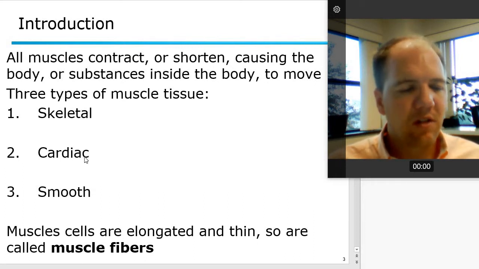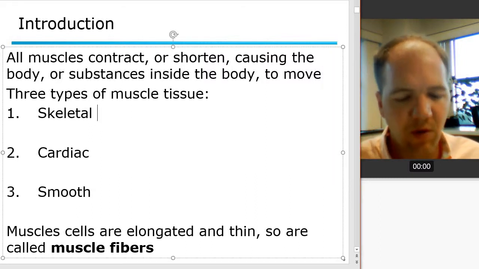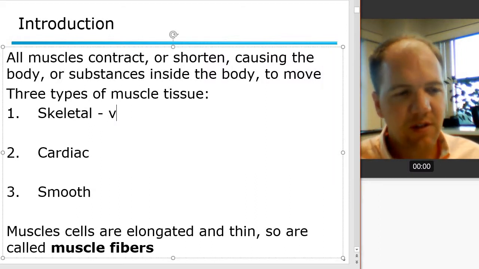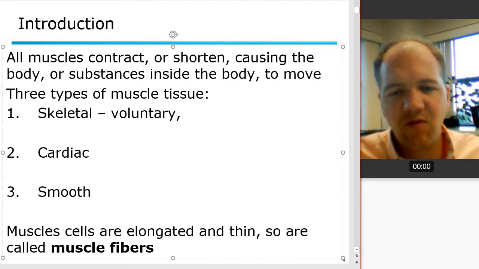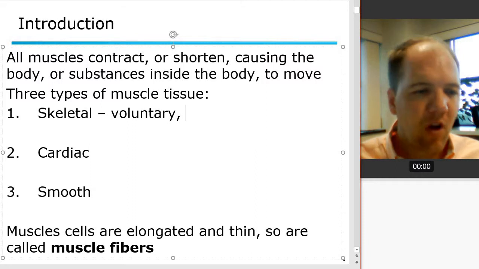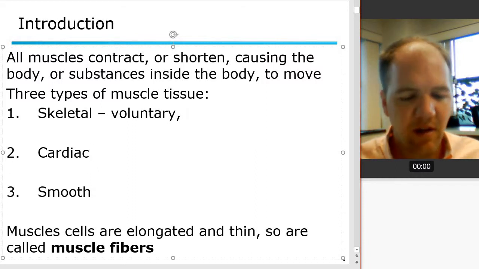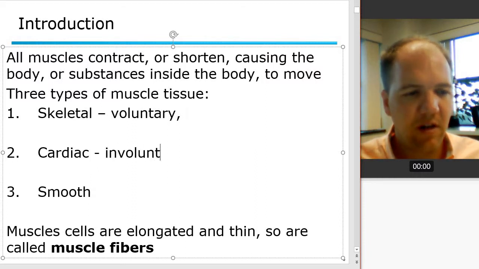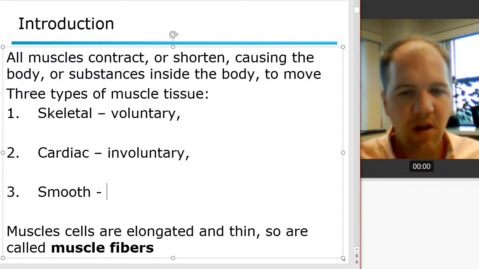We're going to compare and contrast these three different types of muscles, and I want to write some things down here. The first thing that I already mentioned about skeletal muscles is we consider these voluntary muscles, so we can decide when we want to move them and when we don't want to move them. Cardiac muscles, on the other hand, are involuntary, meaning that our body obviously controls them, but we don't consciously think, oh, I need to pump my heart.